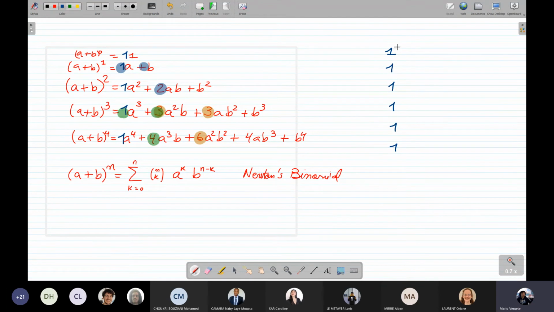In the top row, we have just one number. In the second one, we have two numbers, a plus b. Now I have to add up the two before. So I have to add this with this to get this one. So 1 plus 1 is 2, and then 1.